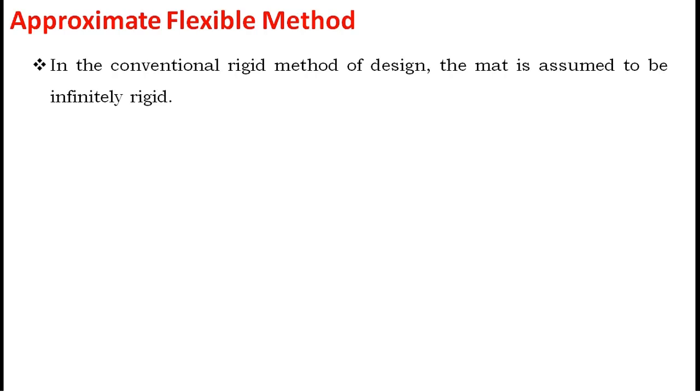No, we didn't consider. We thought that the mat foundation, that mat or beams or plate, whatever is there, is infinitely rigid. That's why we considered it acts like a bridge over compressible soils or compressible lenses.